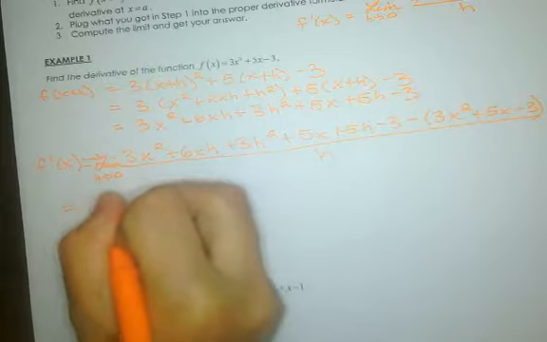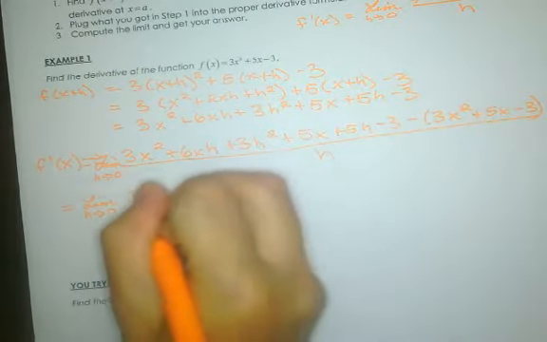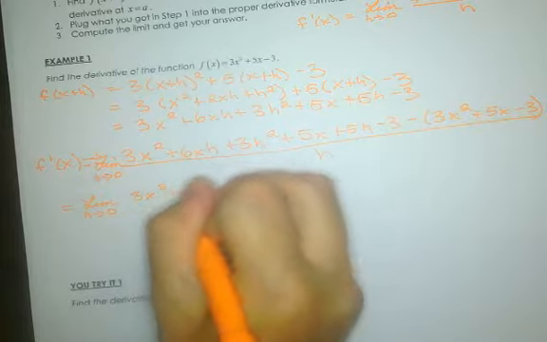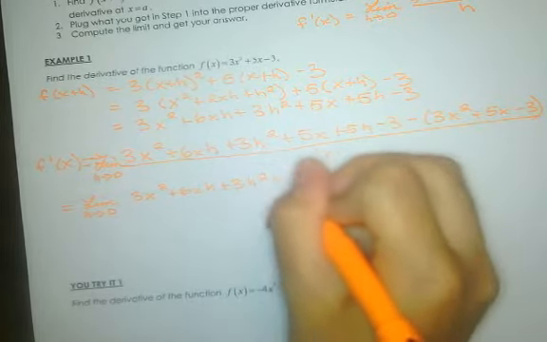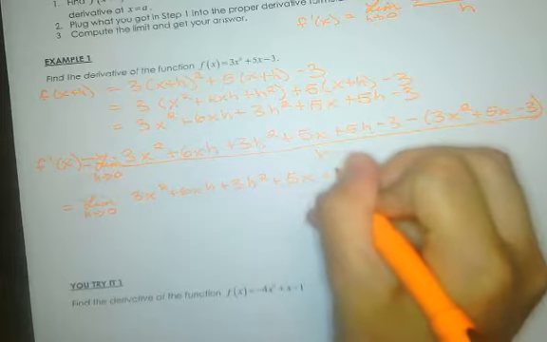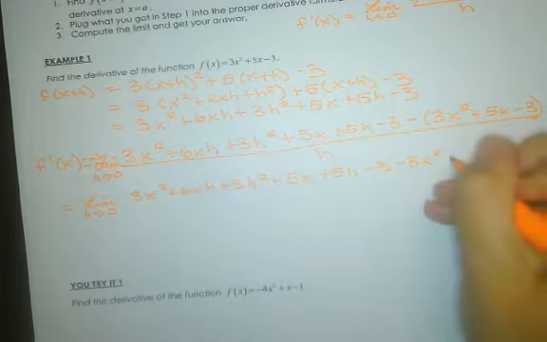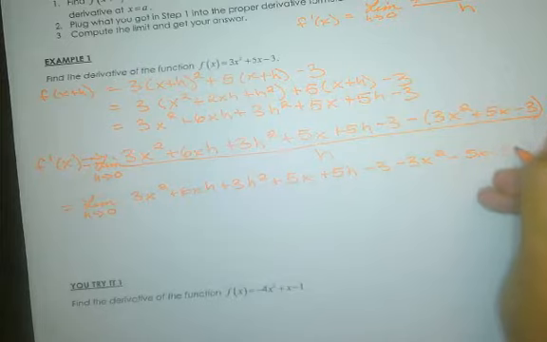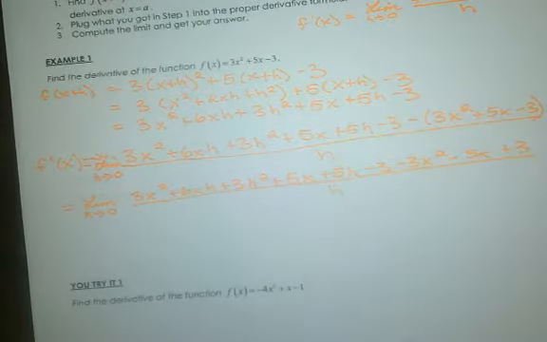So we've got the limit as h goes to 0, and we'll do 3x squared plus 6xh plus 3h squared plus 5x plus 5h minus 3, and then it'll be minus 3x squared minus 5x plus 3, all over h.